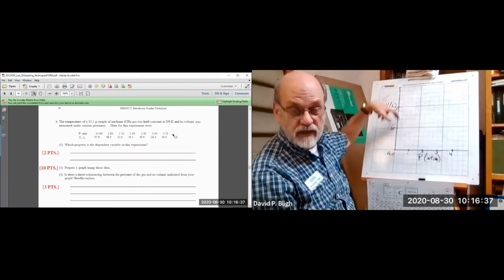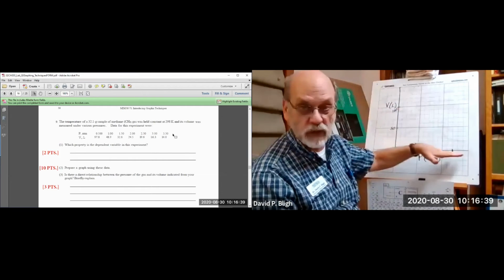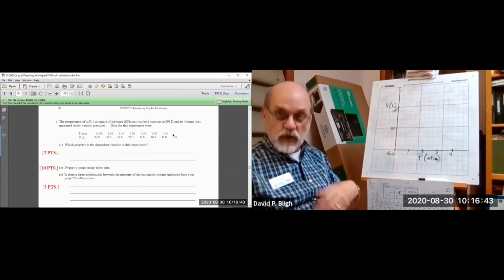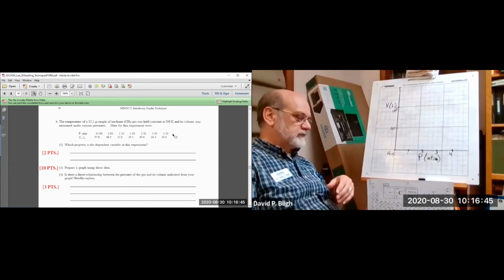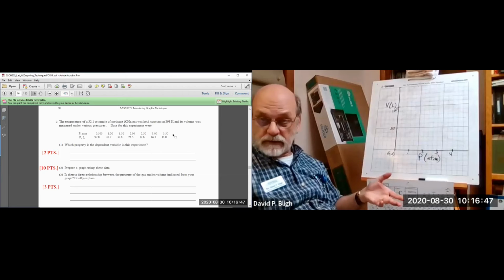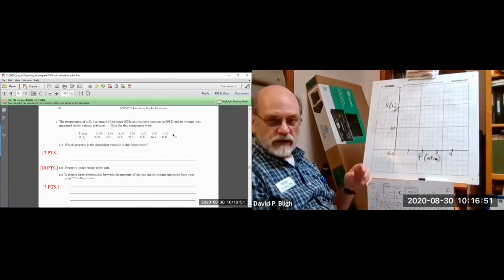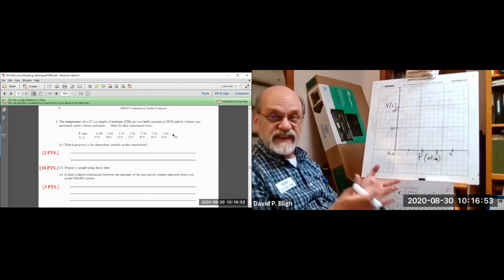And this would be the long end, and this would be the short end. Portrait. Right? So you do have some leeway in choosing your format. You just want it to look convincing.